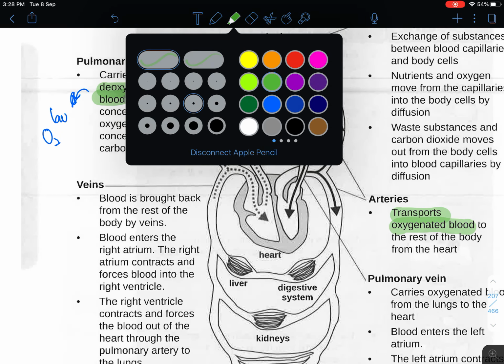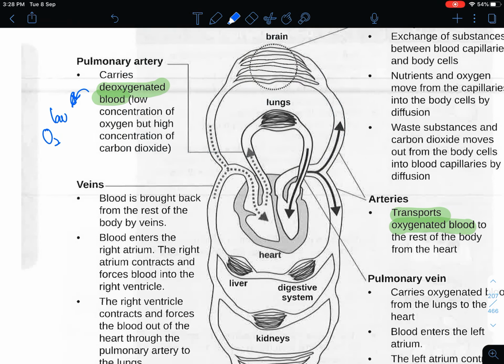So if I were to color it, where blue color will denote deoxygenated blood, I would say that this whole portion here, before it enters the lungs, is deoxygenated blood. So we can see even here, or even here, all these are deoxygenated blood.